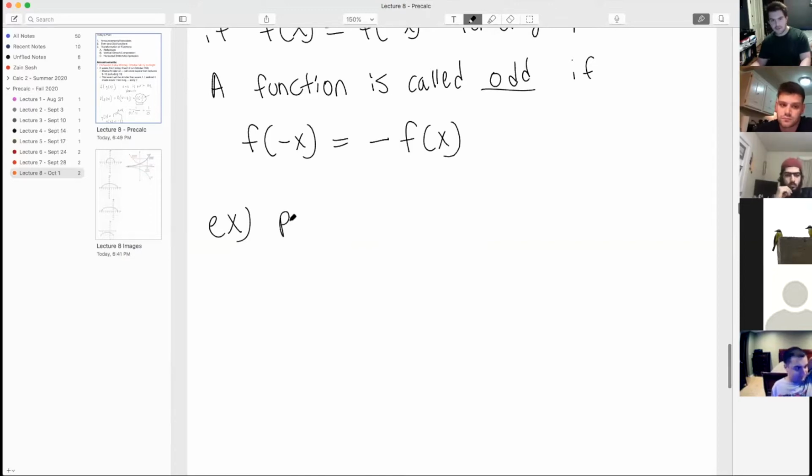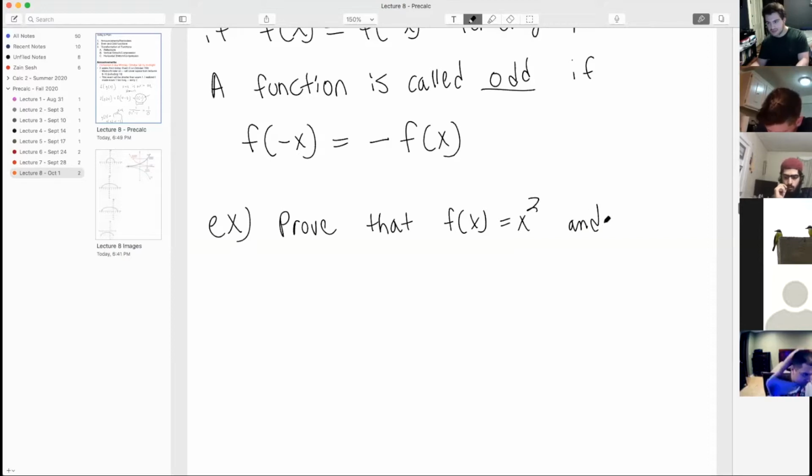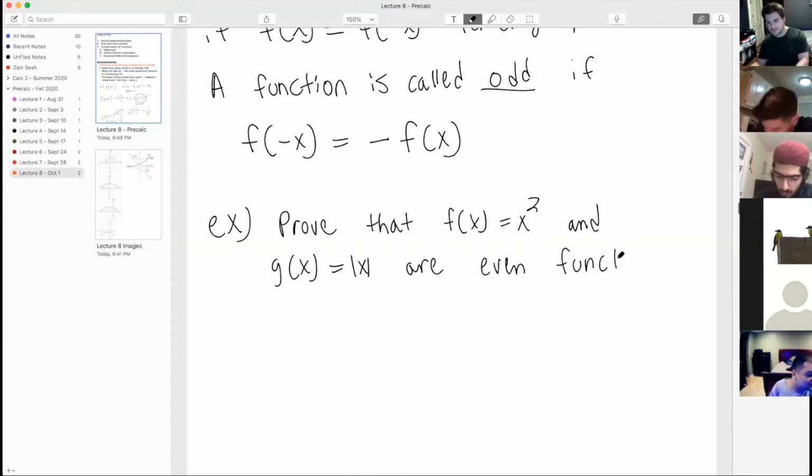Prove that f of x equals x squared and g of x equals the absolute value of x are even functions. Okay, so this is the task that is given to you.